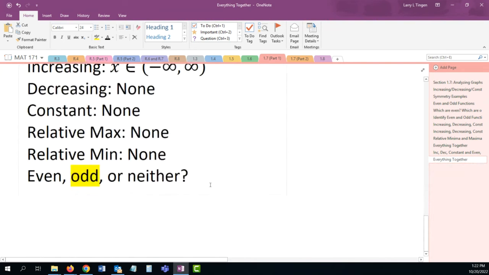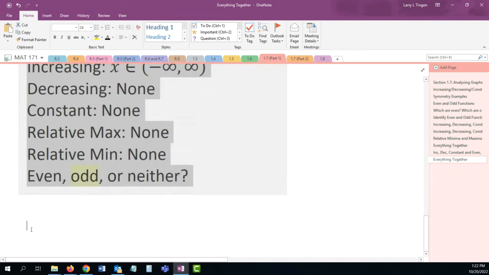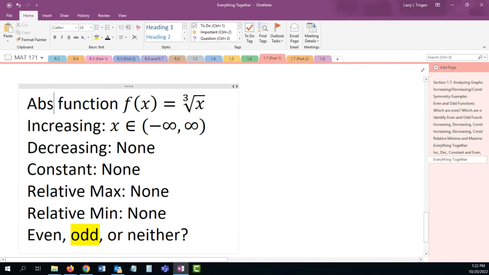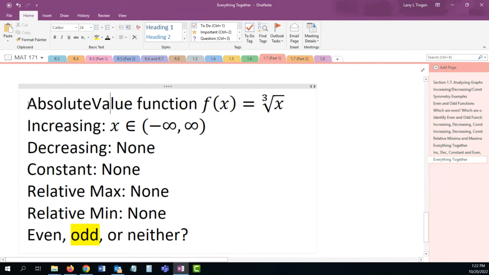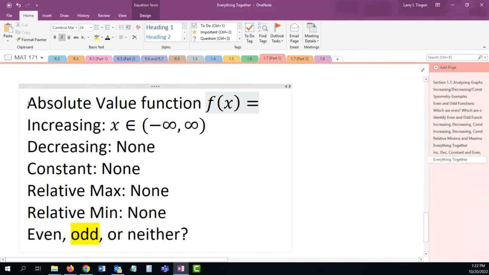And then the last one is the absolute value function. Absolute value is the v, and it looks like absolute value of x. Okay, what is it doing?